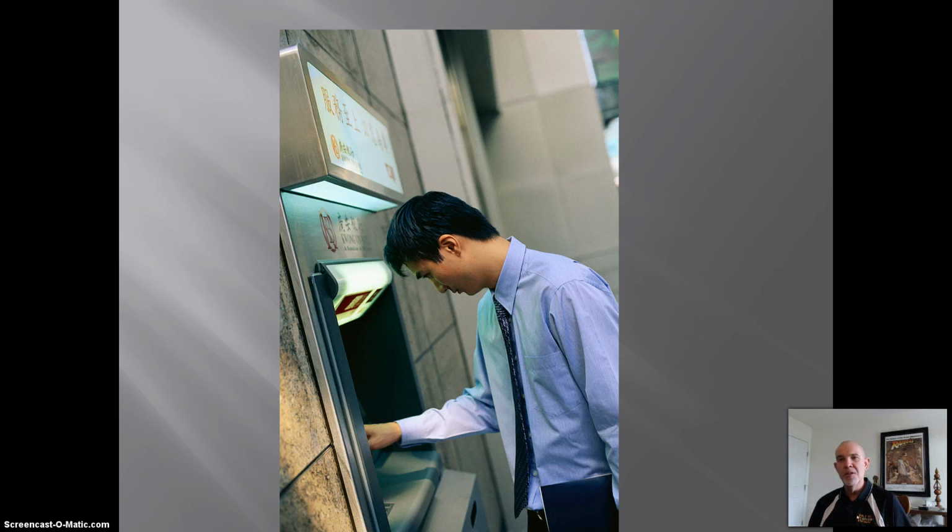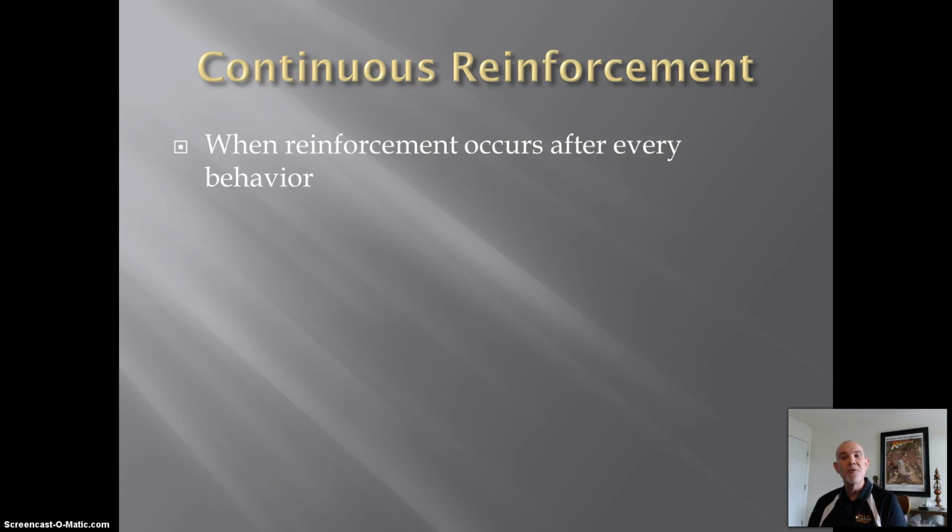If you go through the correct steps, the machine will give you positive reinforcement in the form of cash every time, day or night. This is known as continuous reinforcement, and we define it as when reinforcement occurs after every behavior.